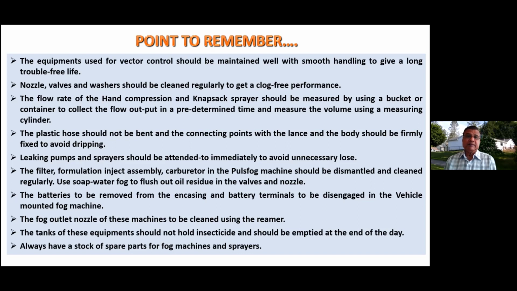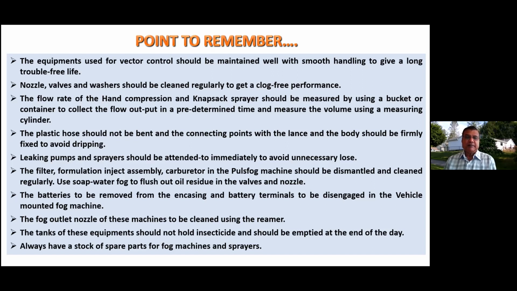If the pump is dripping 1 ml in 10 seconds, we lose about 3 to 4 US dollars in a month. Then calculate it for the year. So much money is lost because of dripping or leaking. So leaking pumps and sprayers should be attended to immediately to avoid unnecessary loss.